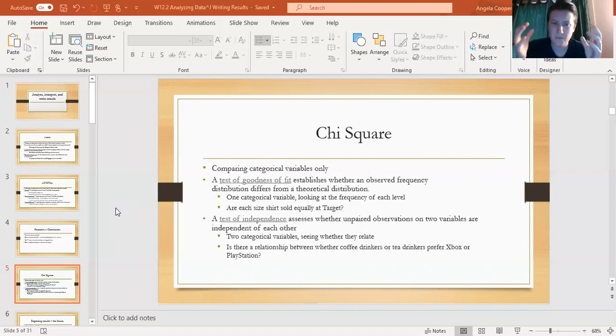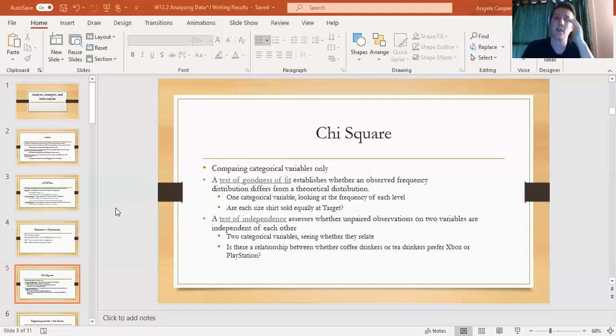So we want to see if there's a relationship between these type of drinkers, and if they prefer Xbox or PlayStation or Netflix or Hulu or whatever. Maybe we see, oh, coffee drinkers tend to prefer PlayStation. Oh, that's interesting. We'd expect there to be an even distribution throughout all those groups, but it turns out a lot more coffee drinkers tend to prefer PlayStation over Xbox or something.